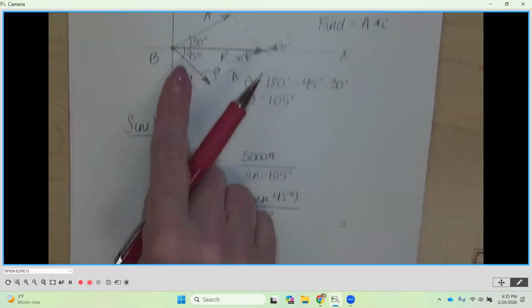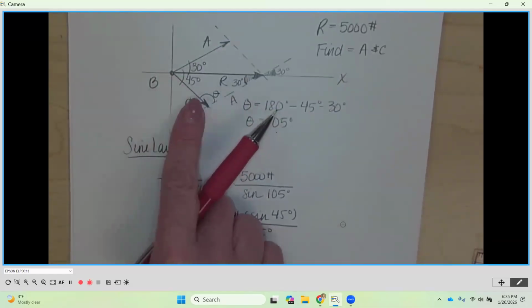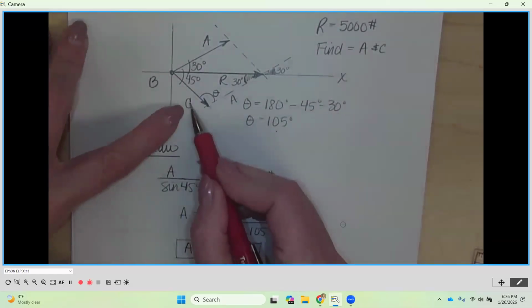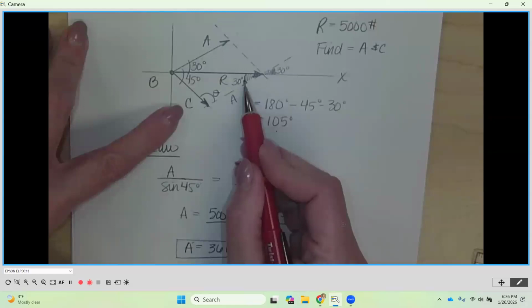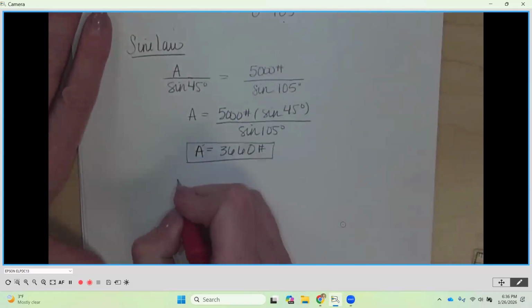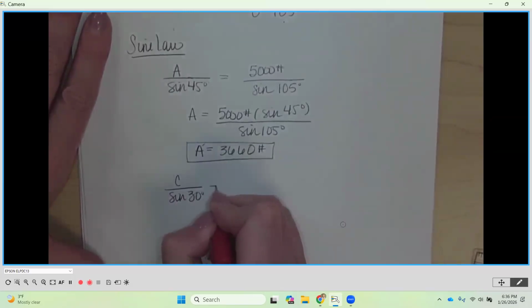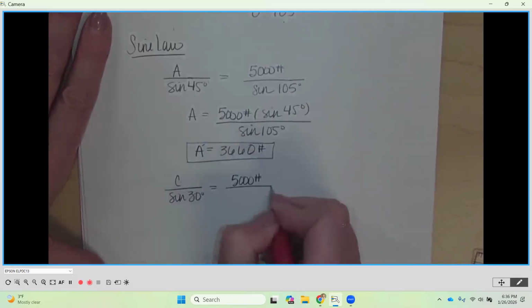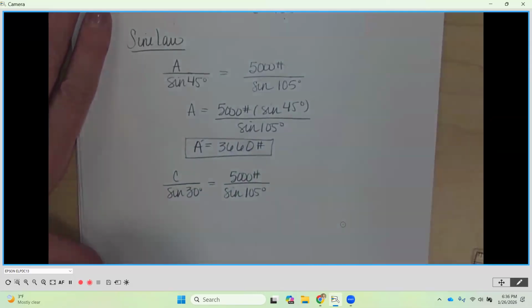We have tugboat C, so we're going to do that very same thing. This time C is opposite the 30-degree angle. So C over the sine of 30 degrees is equal to my resultant of 5,000 divided by the sine of 105.